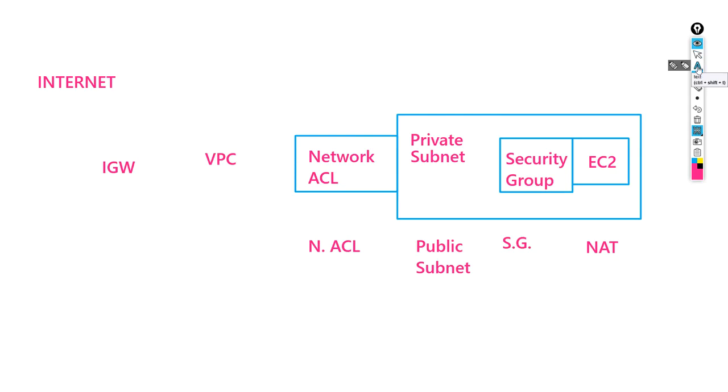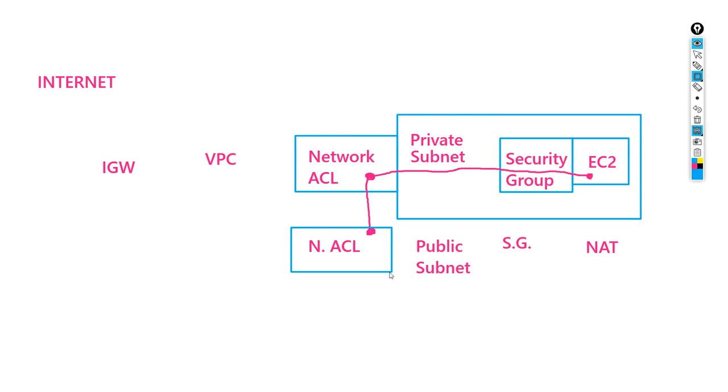So if I'm sending traffic out to the internet, it's going to start here with my EC2 instance, go through my security group, through my subnet, and then to my network access control list. And my private subnet also has a route table, which I didn't put on the screen, that's determining where it should go. Now, if I want to go out to the internet, I need to go to my NAT gateway. That's where I told in my route table the traffic needed to go.